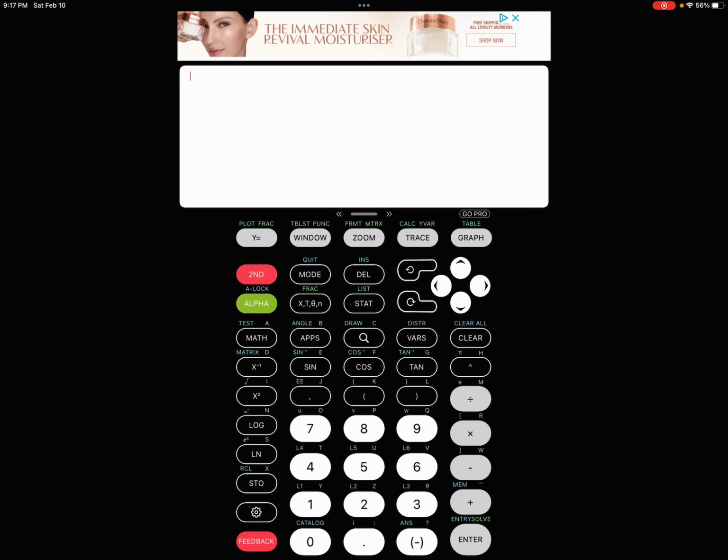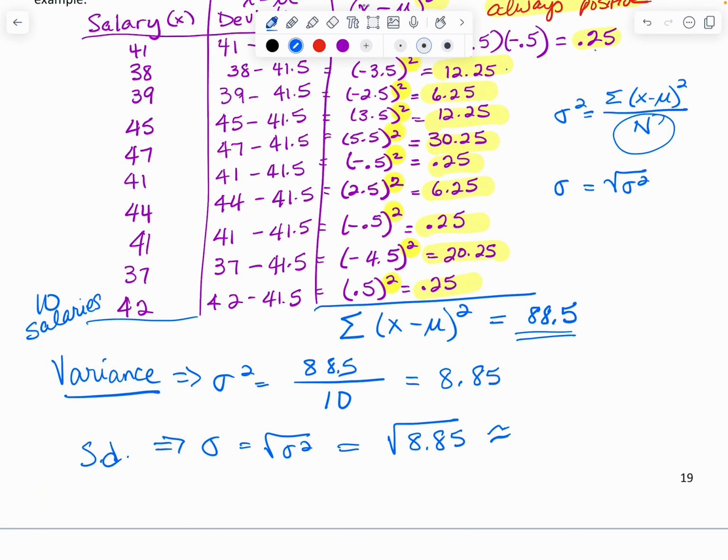So I'm going to have to hit second to get above it. Second, square root of 8.85. Hit enter, and that's approximately 2.9748. Depending on what it tells you to round to, the standard deviation is approximately 2.97.